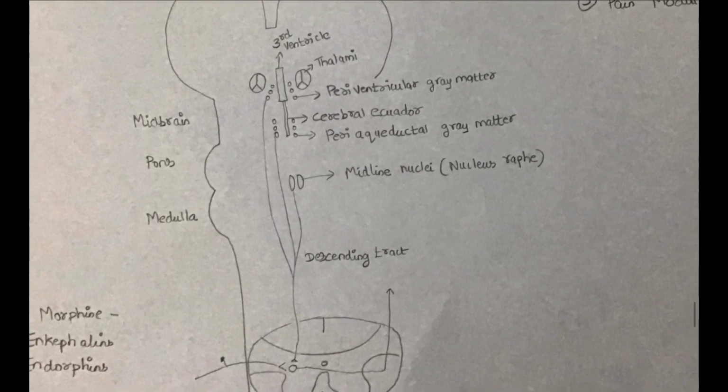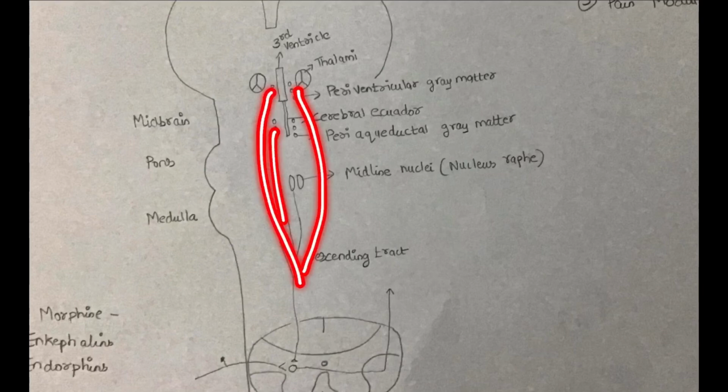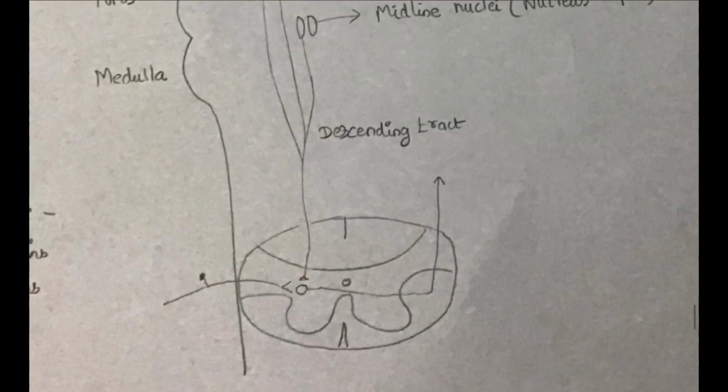So when you have a proud movement, what happens is, there are fibers coming down from these structures and they meet the pain fibers.